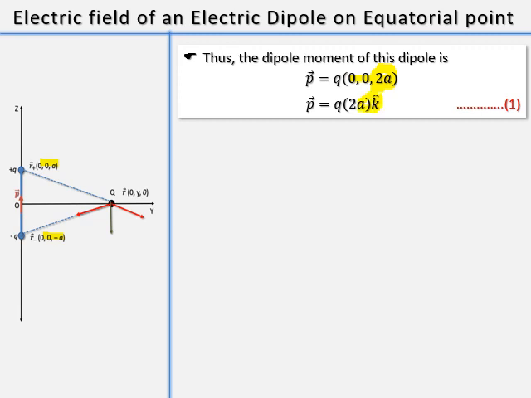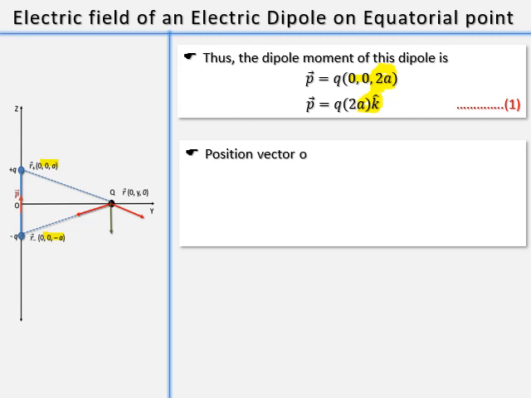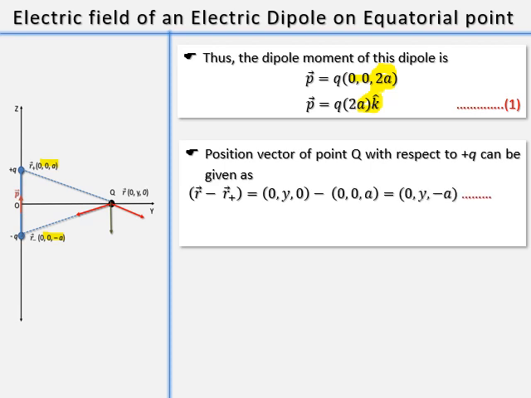Now to find the electric field at point Q, we will need to know the position vector of point Q with respect to the positive charge and with respect to the negative charge. What is the position vector of point Q with respect to the positive charge of the dipole? We take vector r minus r positive, that is final minus initial, and what we get is (0, y, minus a).